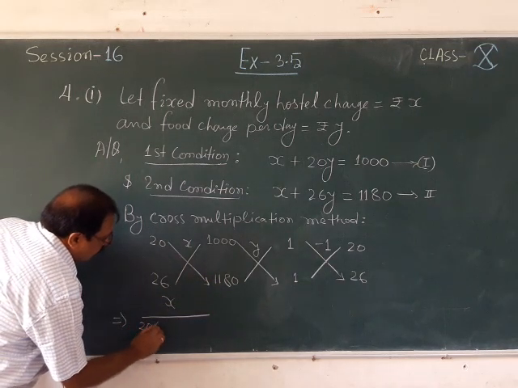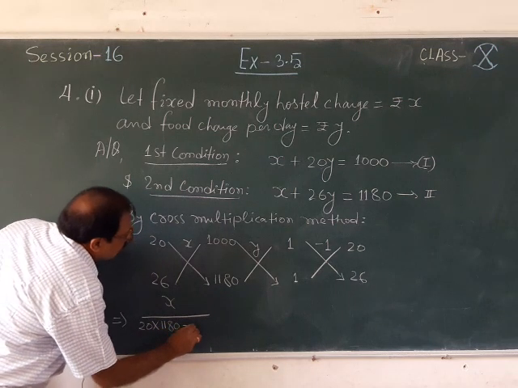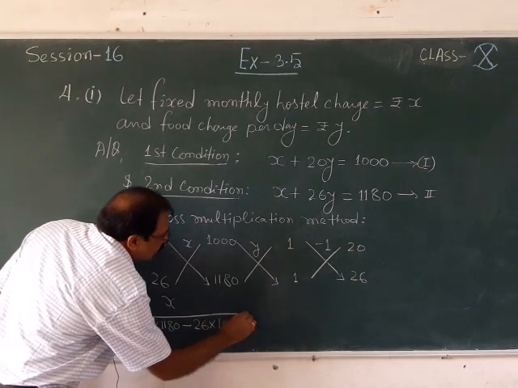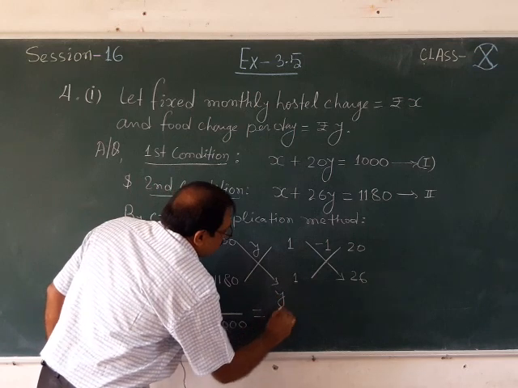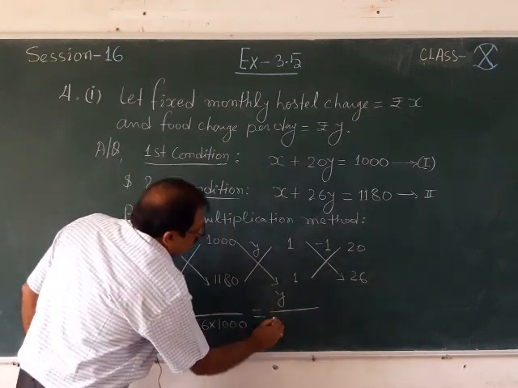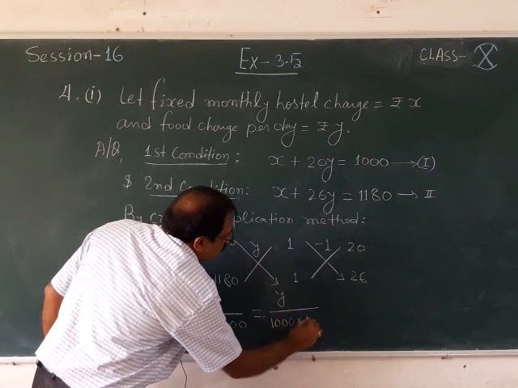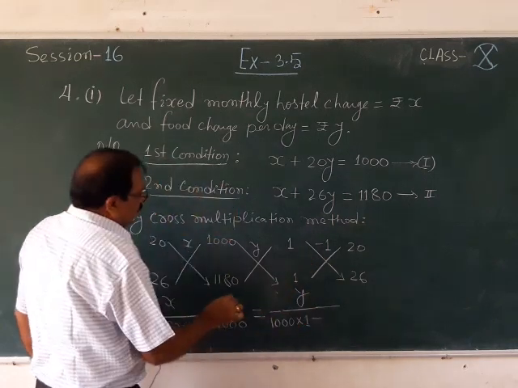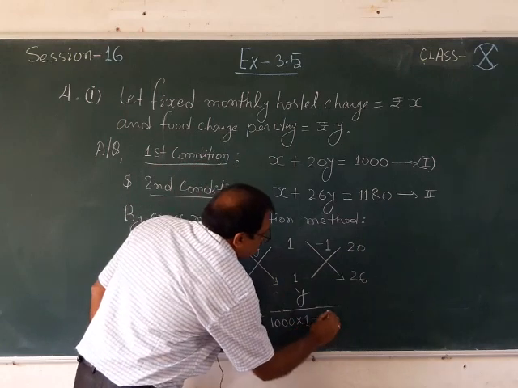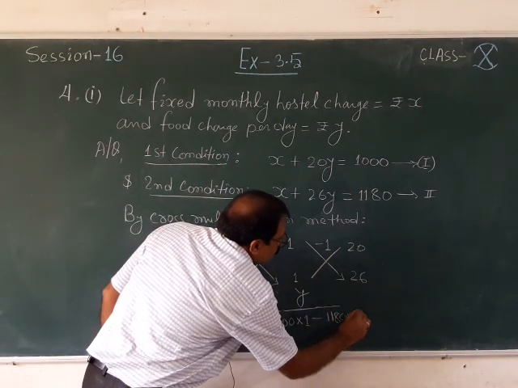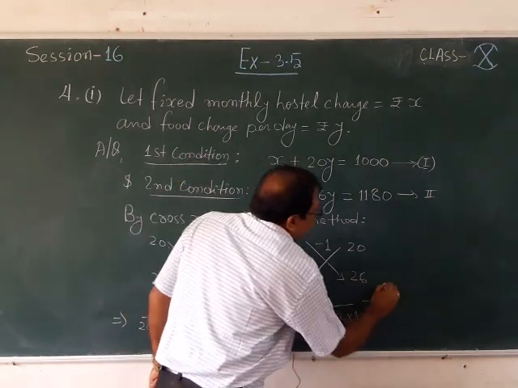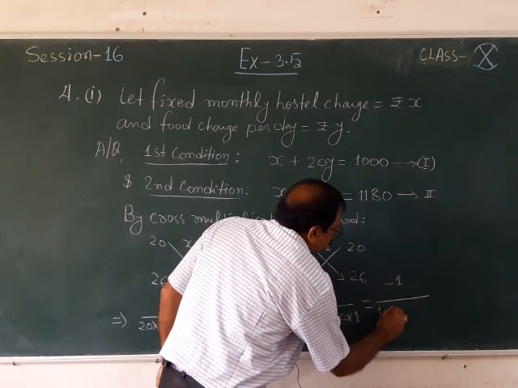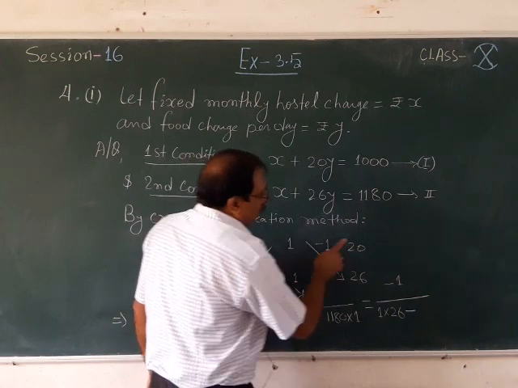So first write clearly 20 into 1180, then minus 26 into 1000, and that is equal to y upon 1000 into 1, then minus sign, y in the middle, then 1180 into 1, and further I will write minus 1 upon 1 into 26, then minus 1 into 20.